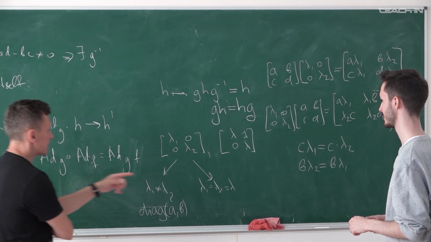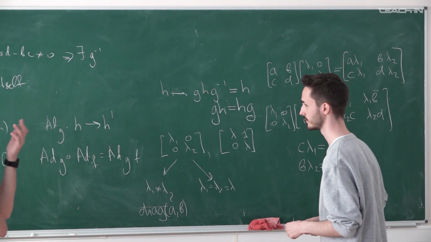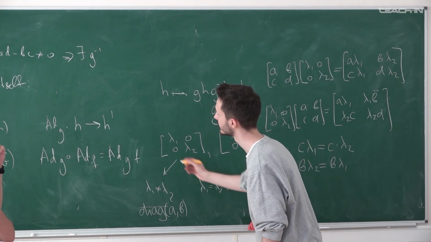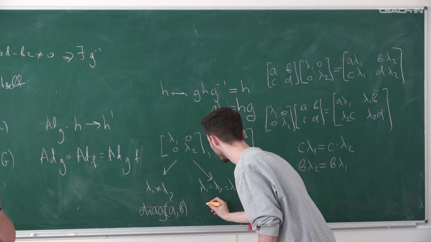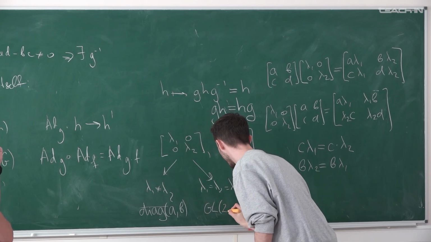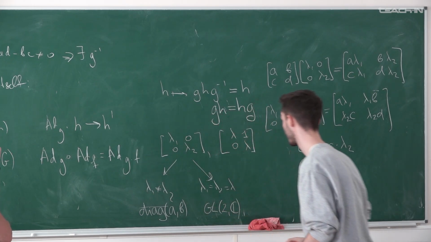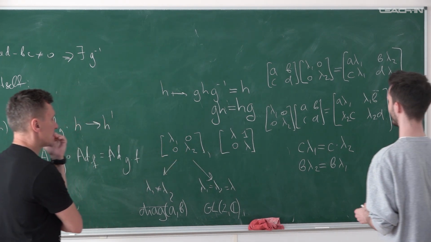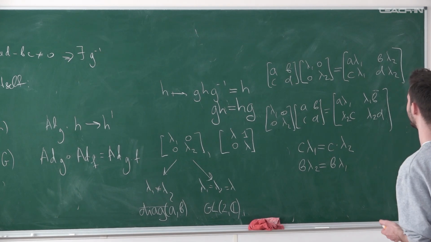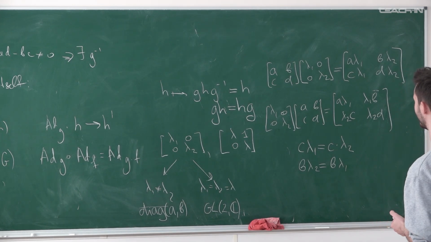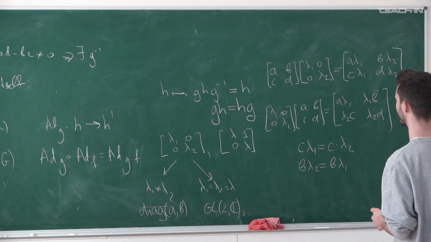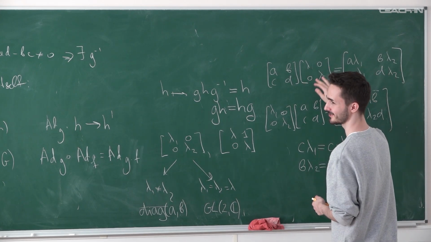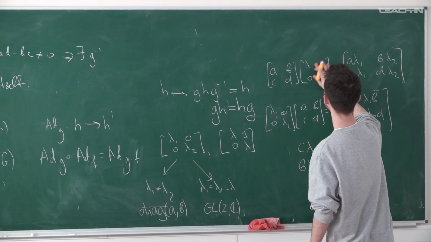What is the stabilizer in this case? All matrices. That's right. I guess it's GL. Not all, but similar kind of matrix.